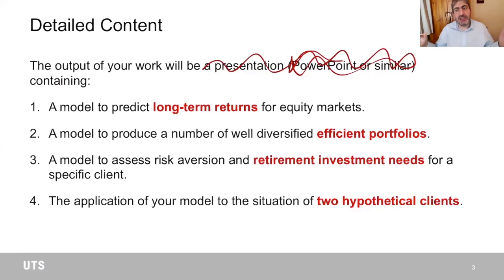So these are the 3 theoretical branches of your assignment: forecast long-term returns, build the efficient frontier, choose the right portfolio for the client. And then I will give you in the assignment 2 hypothetical clients, and you need to apply the model to these 2 clients. I apologize, I did the presentation a bit in a rush this morning, and I left this PowerPoint stuff. It's just a Word document.